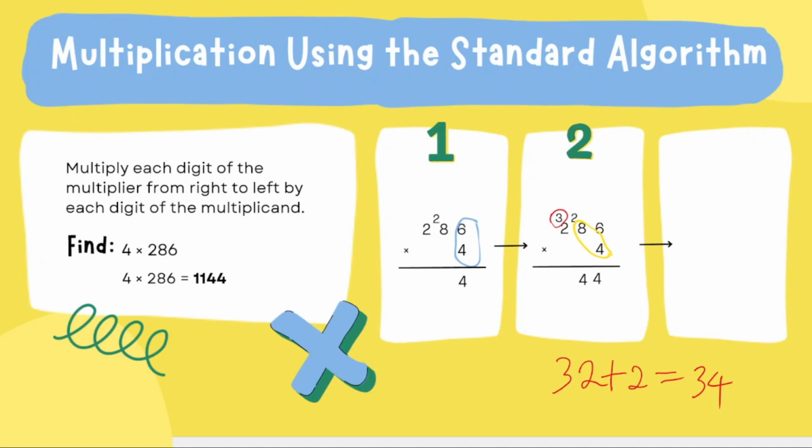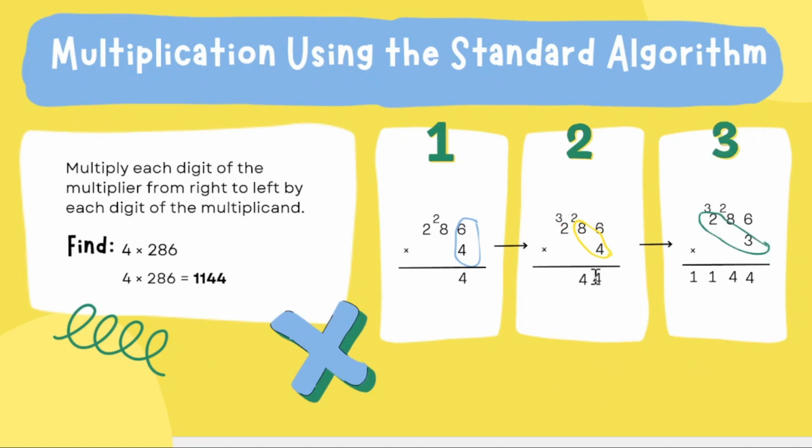The next stage, which is the final stage, is 4 times 2, which gives us 8. We have 3 there, so 8 plus 3 gives 11. That's how we got this 11 here.